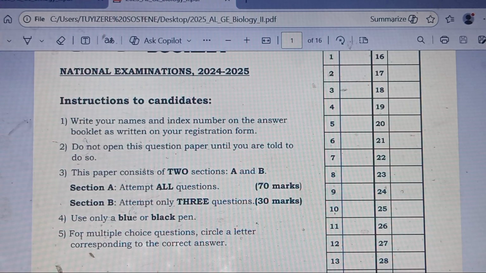Section B, you must attempt only 3 questions for 30 marks. Then the fourth instruction is you may use a blue or black pen. Then number 5, for multiple choice questions, circle the letter corresponding to the correct answer.